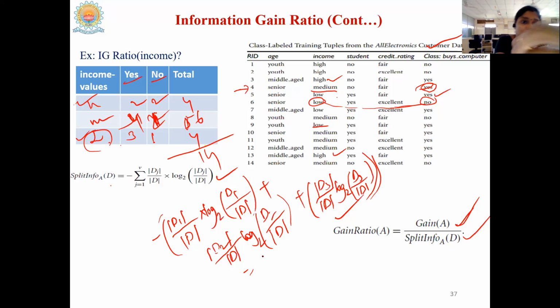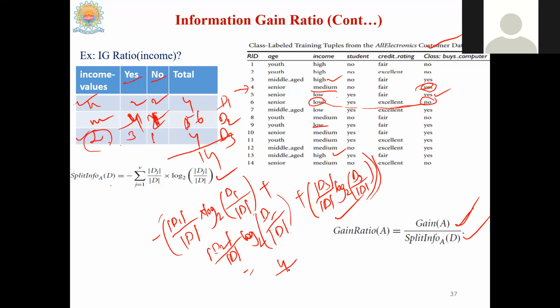How many tuples are there in D1? This is D1. This is D2. How many tuples are there in D1? Total tuples. 4, ma'am. 4.